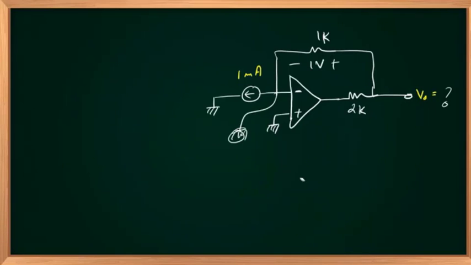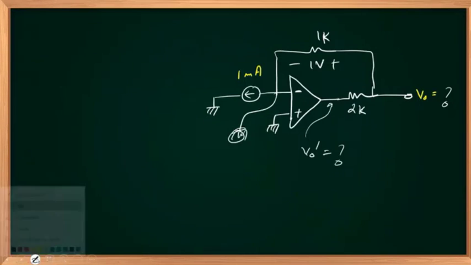It's very simple. What is the actual output of your op amp? Let us say V out dash. How much?